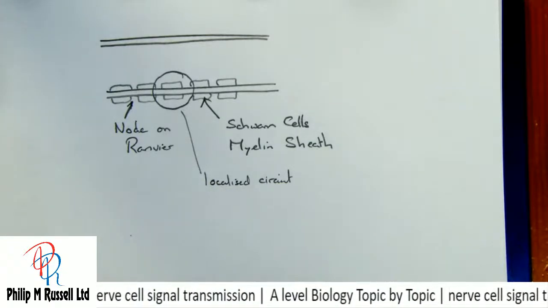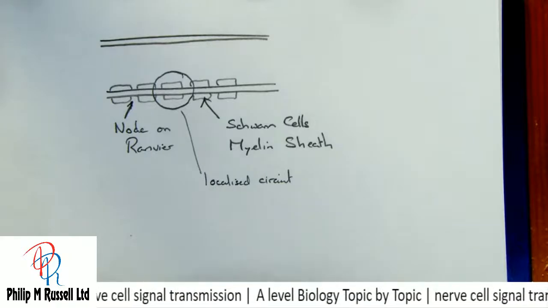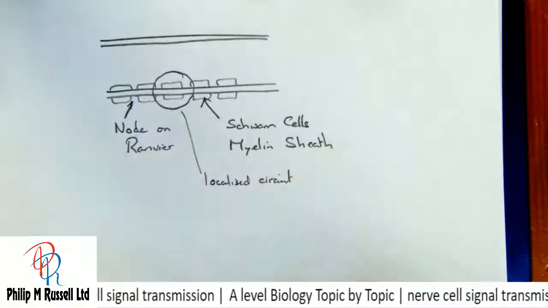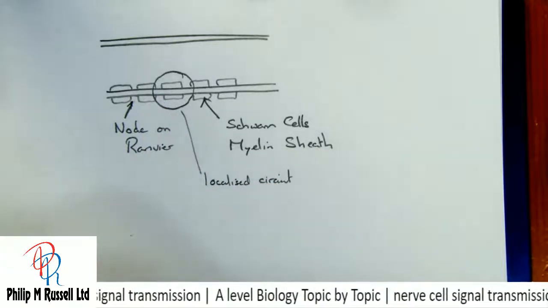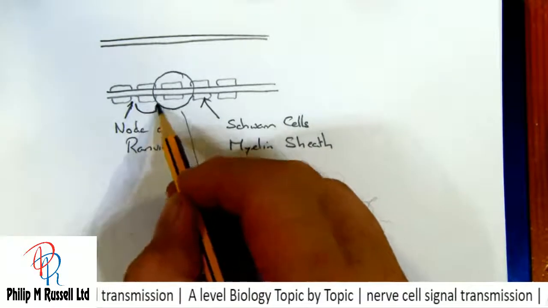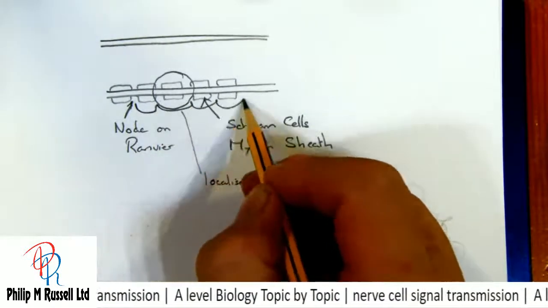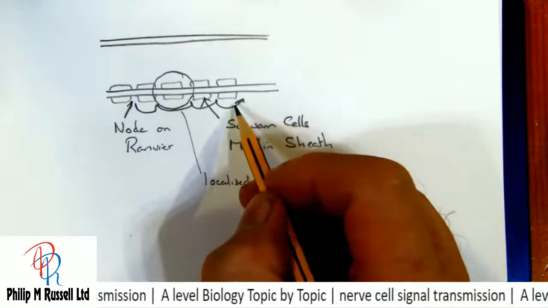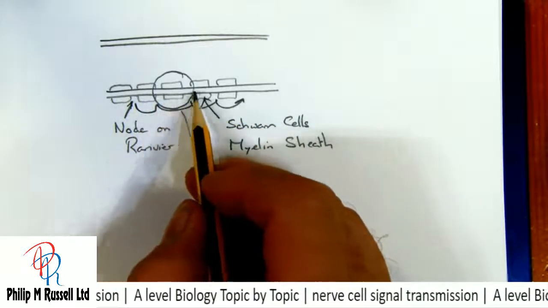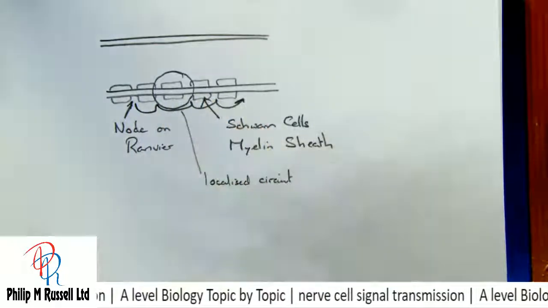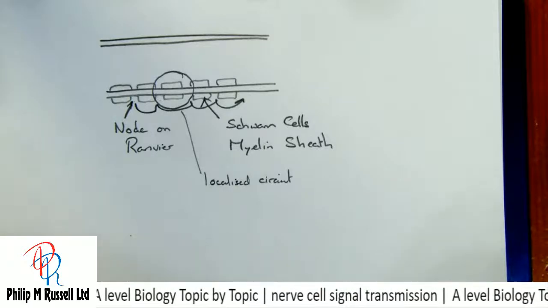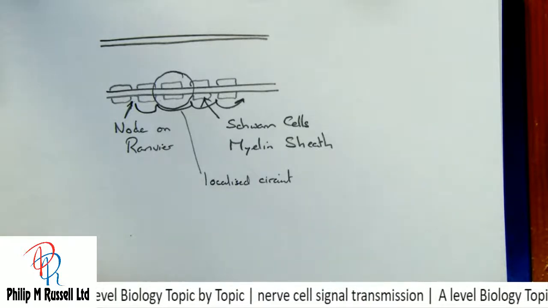This is because the depolarization of the axon can only occur at these nodes of Ranvier. So what we're seeing is the action potential jumping from one of these to the next. So instead of gradually moving along, it jumps.